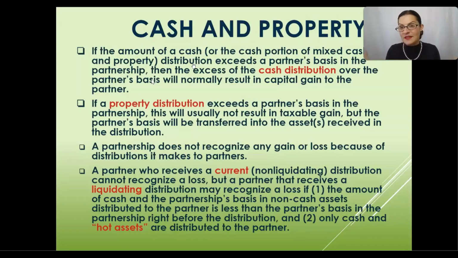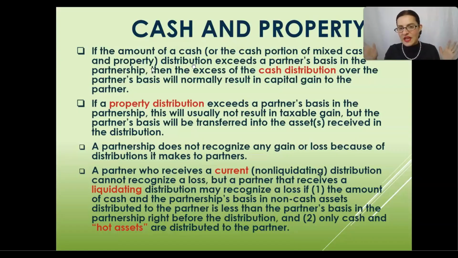It doesn't usually happen because that means that the partnership actually has to have cash in the bank that exceeds the partner's basis. Now, this did actually happen when partnerships were getting PPP loan money. I'll tell you that. That's a great example because in the past I used to think, how am I going to explain this? But I did see it happen when partnerships were actually receiving PPP funds. They were getting PPP loan money and they were pulling the money out before it was forgiven.